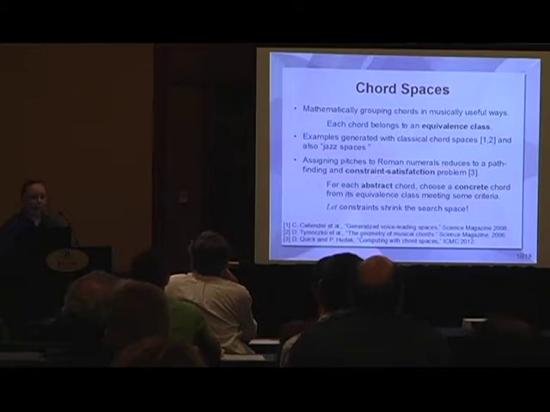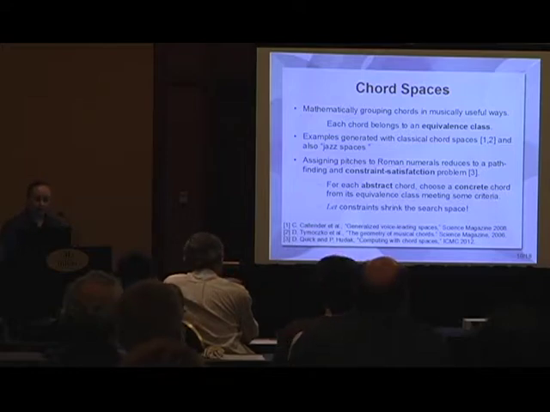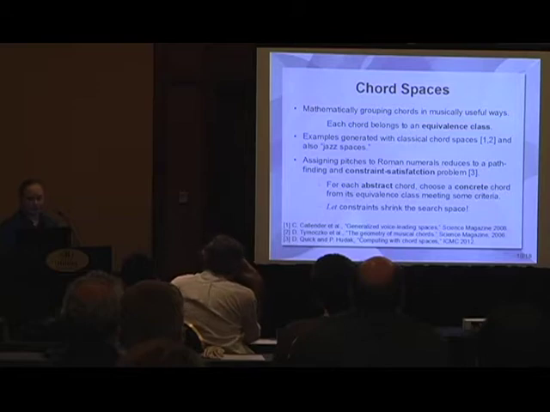And our previous work on the subject shows that you can take a Roman numeral and go find the bucket of concrete chords that it belongs to, and then just pick a member out of that bucket that suits your needs for the particular application. That explanation is a lot simpler than the actual implementation for working with these things, which gets pretty ugly, but I'm not gonna cover that today.